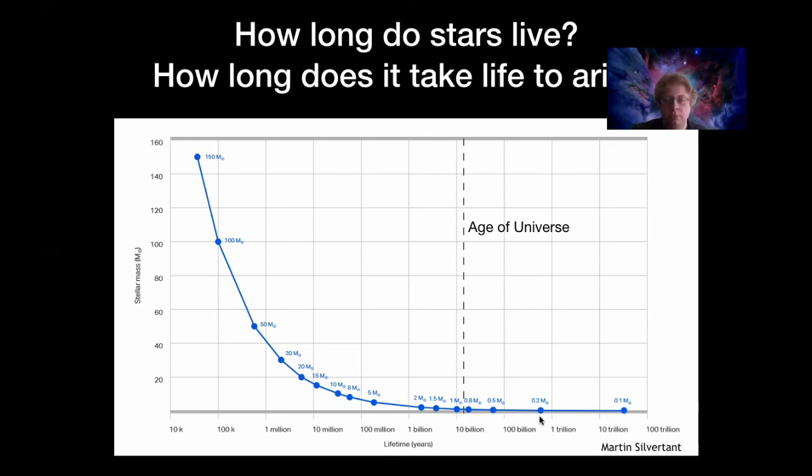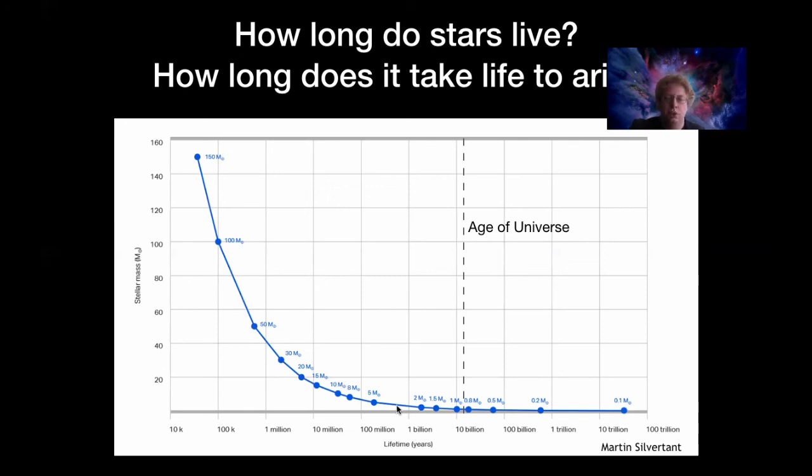In terms of life, this has important implications. We think that probably it took something between 100 million and a billion years for life to arise on our own planet. If we look for life around stars that are more massive than, say, about 5 times the mass of the sun, those stars may just not live long enough for life to arise on any planets before they run out of fuel.